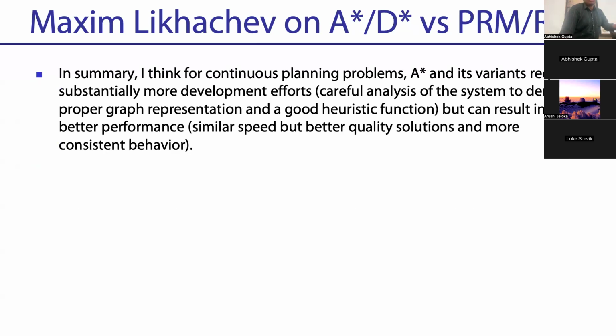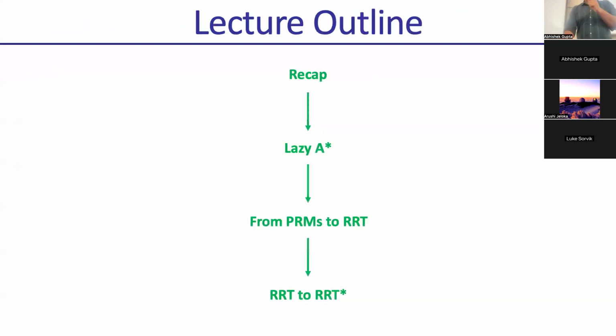And so generally he suggests that A star is a little hard to use for continuous problems, but RRT and RRT star are a lot easier to use, but they give you less optimal solutions. So it depends on the trade-off you're looking for, but in practice, RRT, RRT star, and related variants are used a lot more.